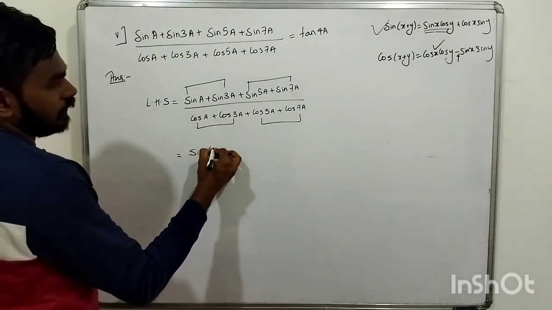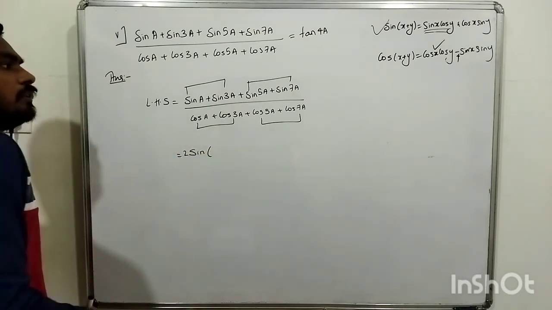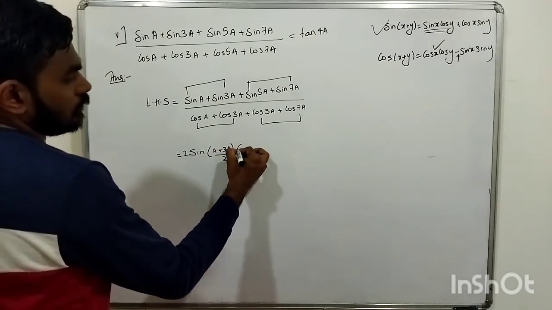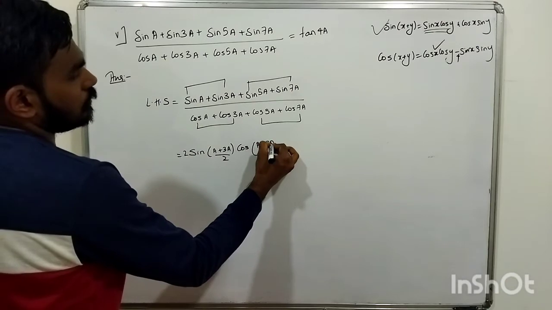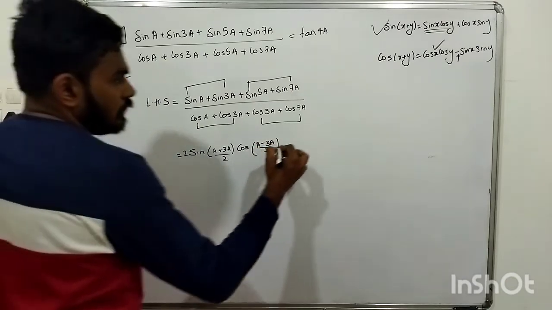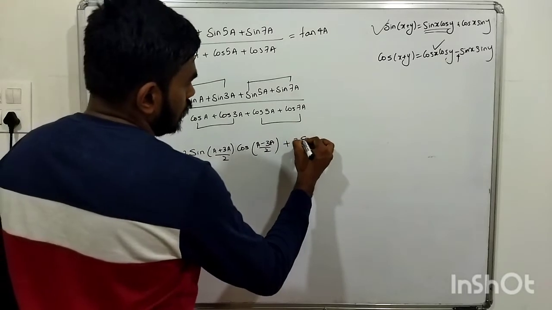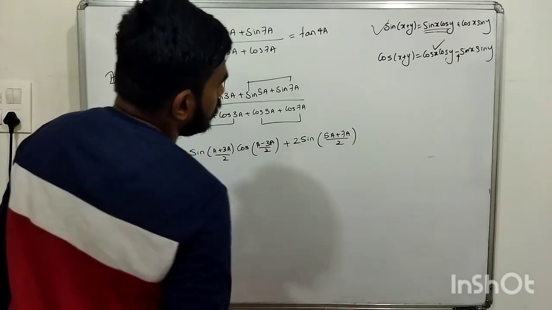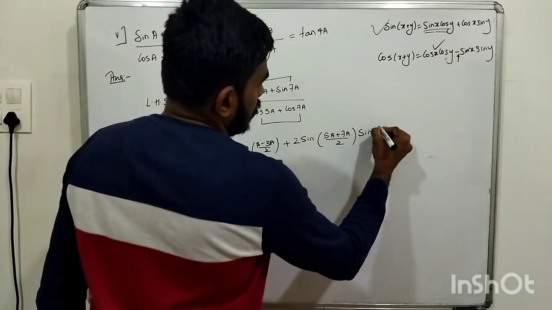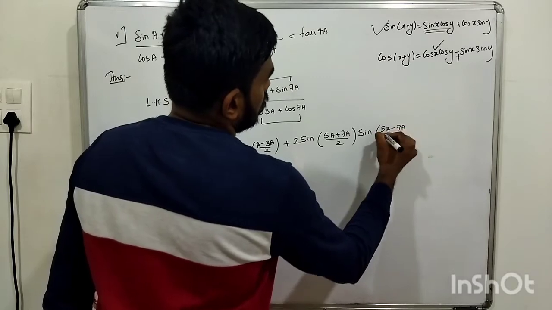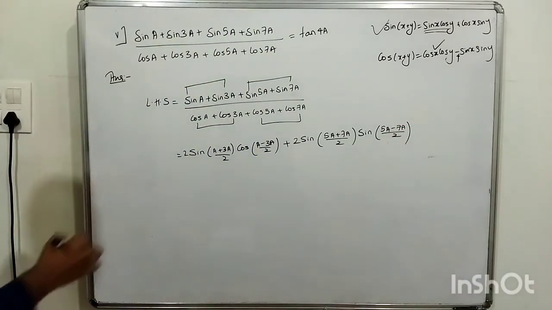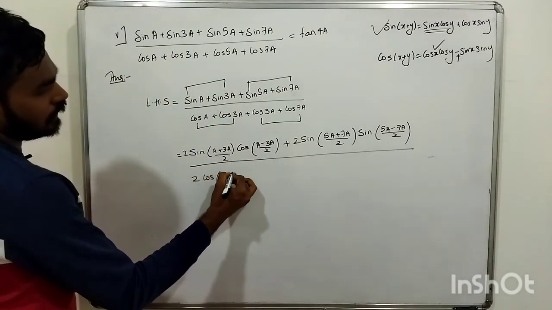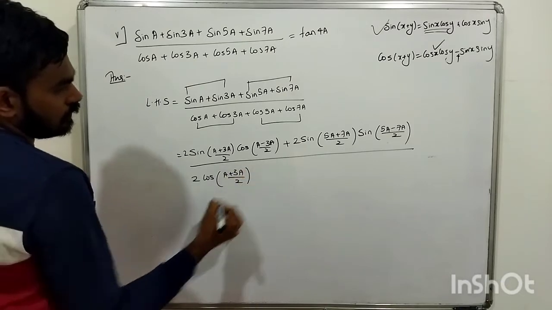2 sin ((A+3A)/2) cos ((A-3A)/2) plus 2 sin ((5A+7A)/2) cos ((5A-7A)/2), upon 2 cos ((A+3A)/2) cos ((A-3A)/2) plus 2 cos ((5A+7A)/2) cos ((5A-7A)/2).